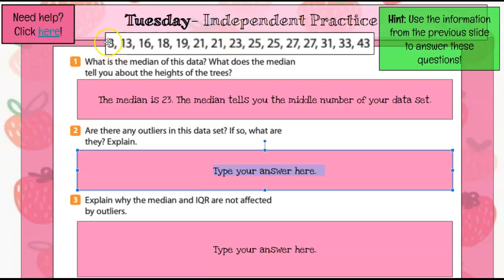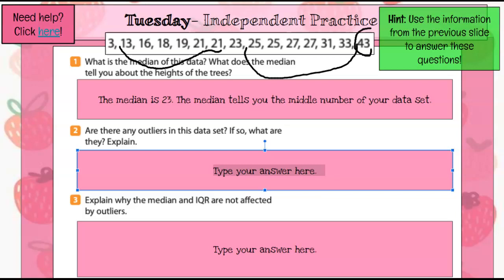Then the last number on the ends are, again, another 10 further than that. So all of these numbers here are about 10 away from 23, and all of these numbers here are about 10 away from 23.